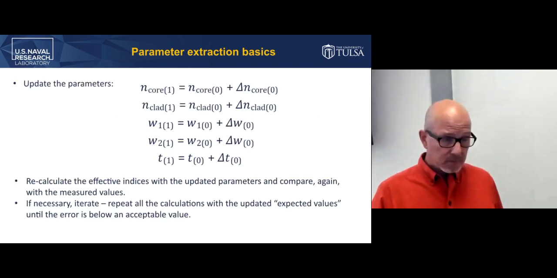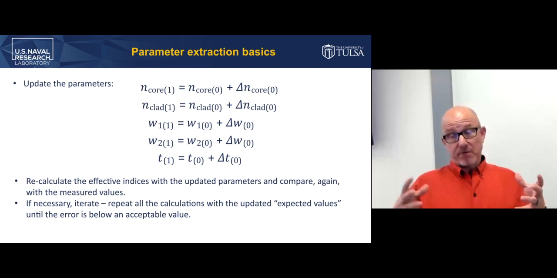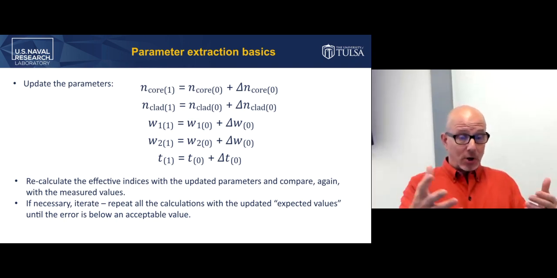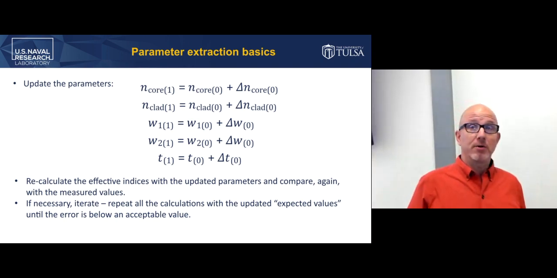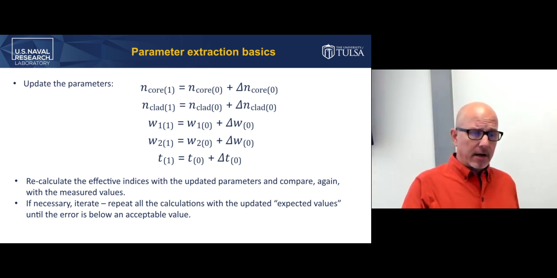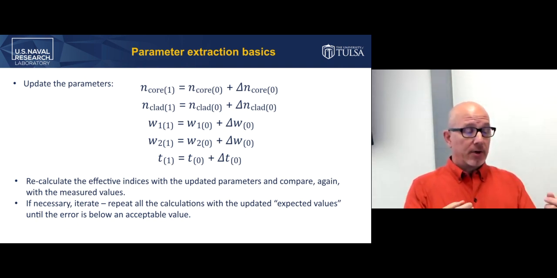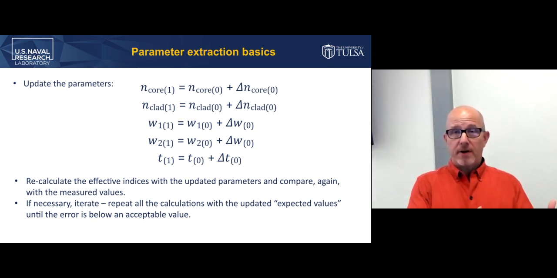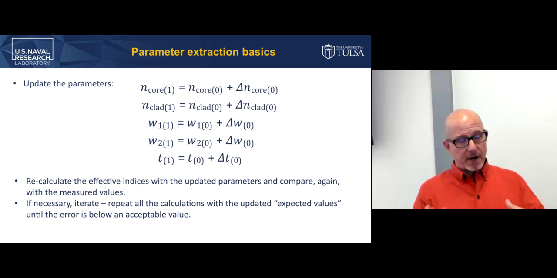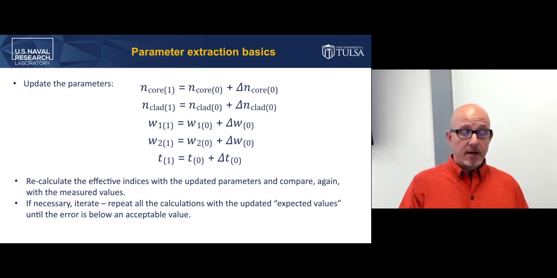So if it were truly a linear system in all these parameters, then we would expect that we would converge after one go, but in the end it is not linear in all these variables. So what we end up doing is we update the parameters, we then recalculate the effective indices that we expect, compare them to the measured values, and then iterate.